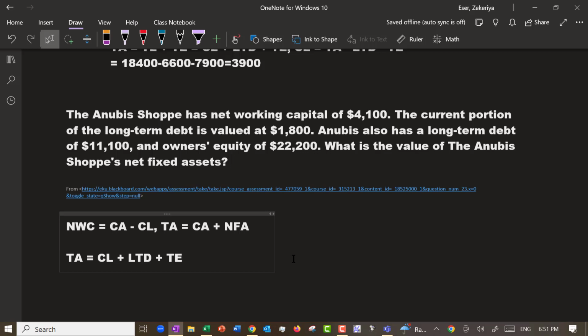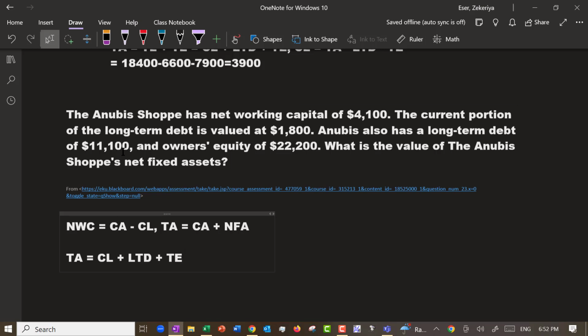Do we know total equity here? Let's look at the problem and tell me. Is it given to us? Don't just nod your head, tell me the number. 22,200, okay. How about long-term debt? Do we know? 11,100. The only current liability here is the current portion of the long-term debt.